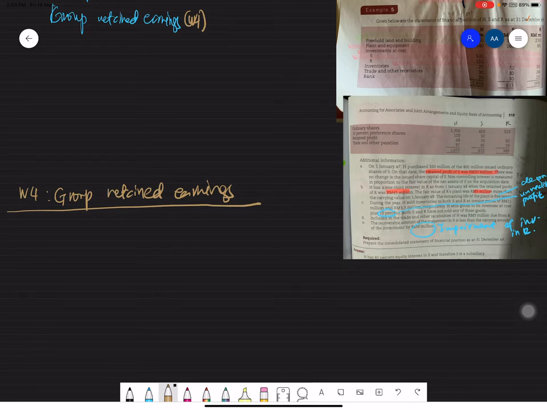Group retained earnings is actually, you must take the whole of H and part of S and part of R. Because S is a subsidiary, R is your associate company.